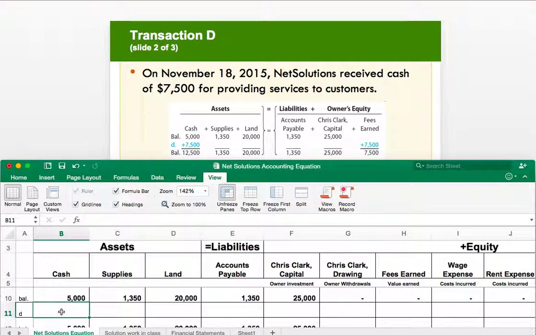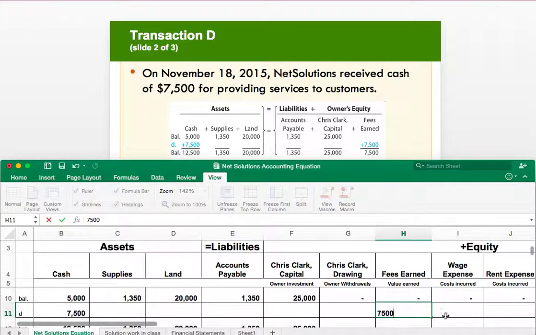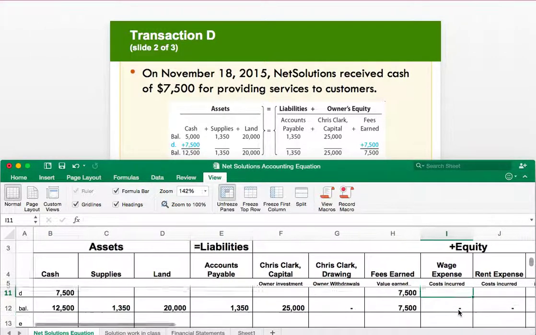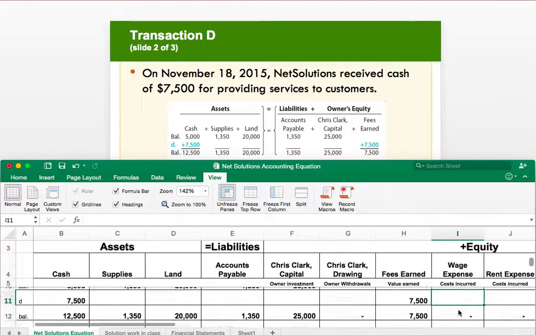So we got $7,500 and we earned, here's a revenue account, fees earned, $7,500. And in Chapter 1, revenue accounts are going to increase capital, so we put that under the umbrella of equity in this chart, and all the expenses are going to take away from capital because we're going to match the expenses against the revenue. So we'll put a minus beside the expenses when they happen, and you'll see how that'll work in the chart in a minute.